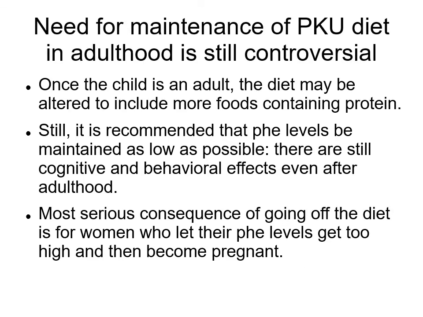Once a child is an adult, it used to be thought that they could go off the diet. In fact, they can go off it to a certain extent, but it is recommended that phenylalanine levels be kept as low as possible. Where this is really a problem is a woman who has PKU and wants to get pregnant, because she needs to keep her phenylalanine levels extremely low, as it would have devastating effects on the developing fetus.